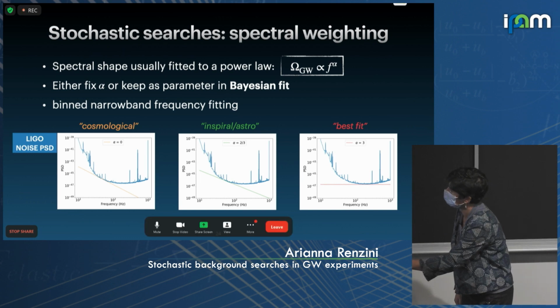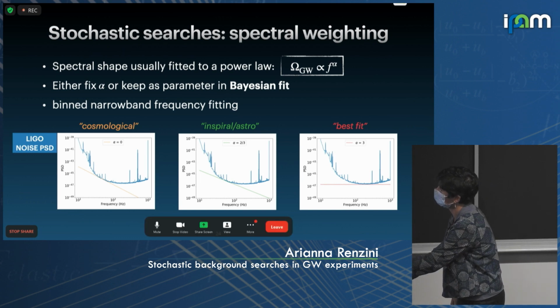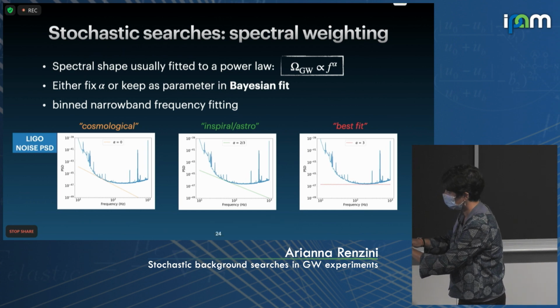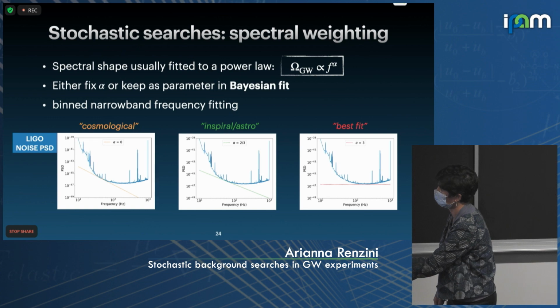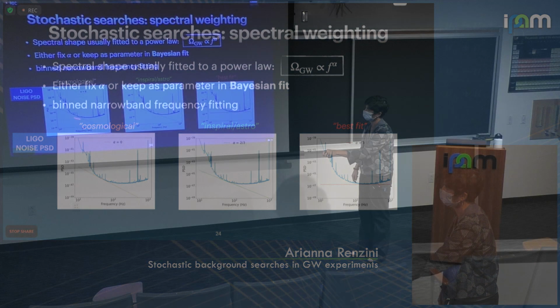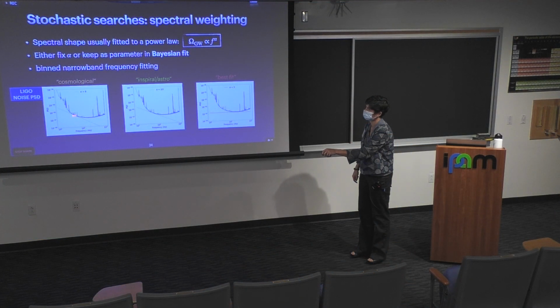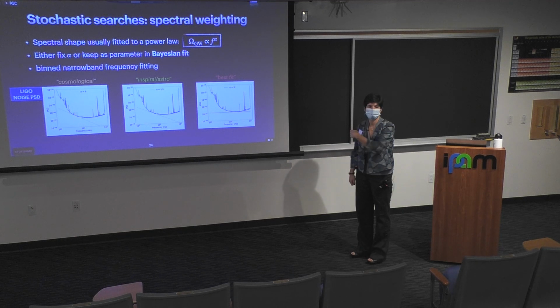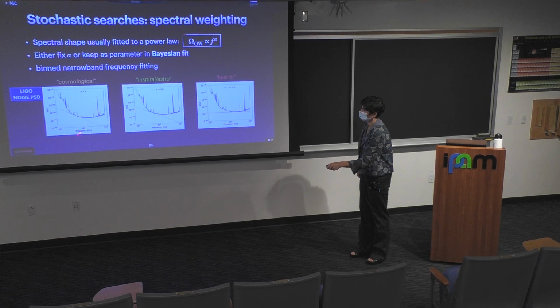And what I want to point out is that the place where these spectral shapes connect to, for example, the LIGO noise PSD, is at a very specific frequency that is the frequency most sensitive to a background that behaves that way, right? So here, this is around a frequency of 25 hertz.